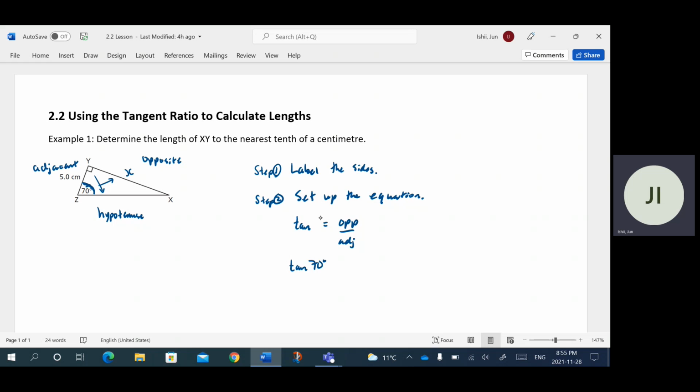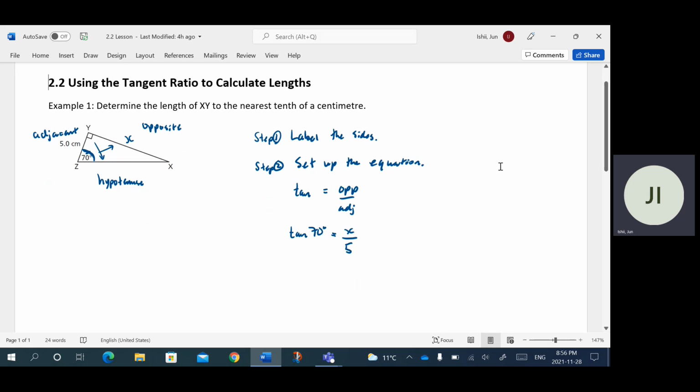But for this lesson, what we're actually given is the measure of the angle, and we're trying to find the length of the side. So when I set this up, I'm going to write tangent, and the angle that's given, which is 70 degrees. Now this is going to equal, for the opposite side, the variable x, and for the adjacent side, 5.0 centimeters, or just 5. This is how the equation is going to look.